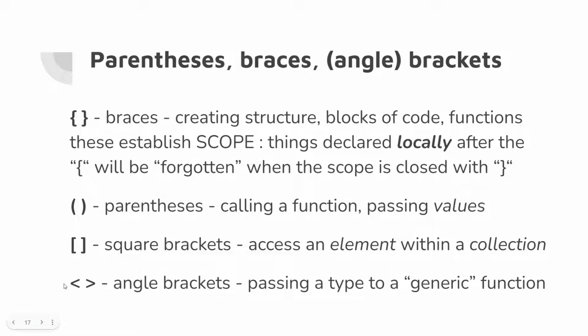And then angle brackets, right? These greater than, less than signs, these sideways carets. This is used when we are passing a type to a generic function. That may sound really crazy and esoteric, but it's actually going to become really important relatively quickly. We'll have all sorts of different functions in the engine where, say, I want to get a component of this object.